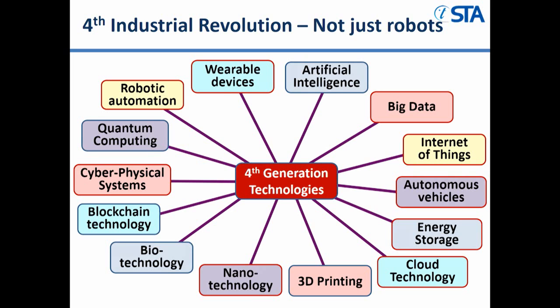Boeing are currently creating 20,000 different parts to fly on 10 different aircraft. So 3D printing is already there. We have to actually look at each of these technologies and see how we can exploit them.